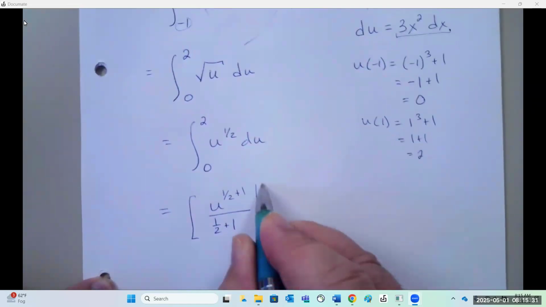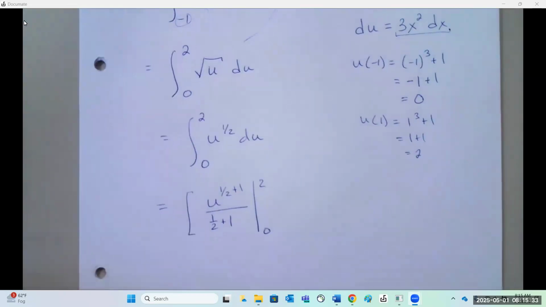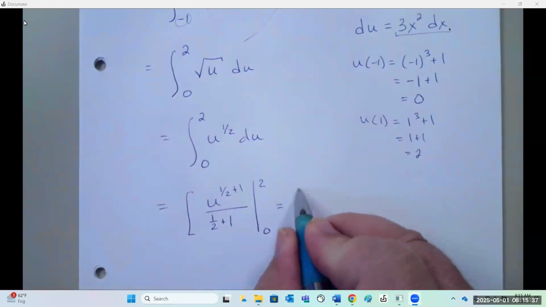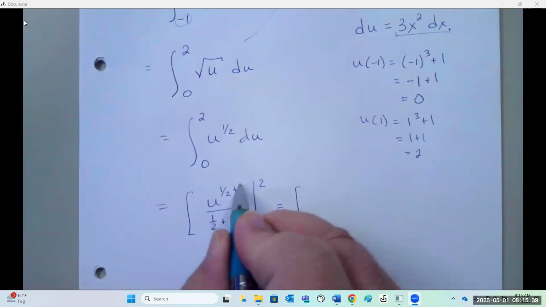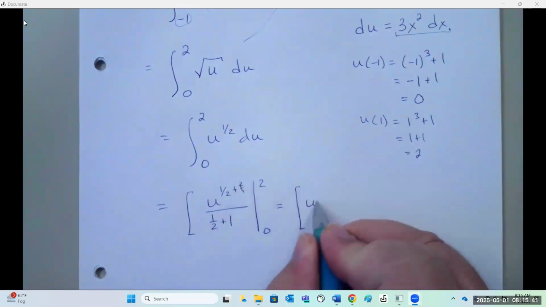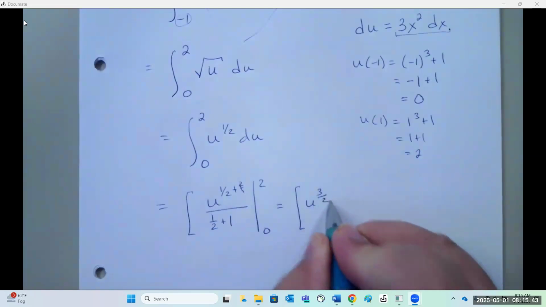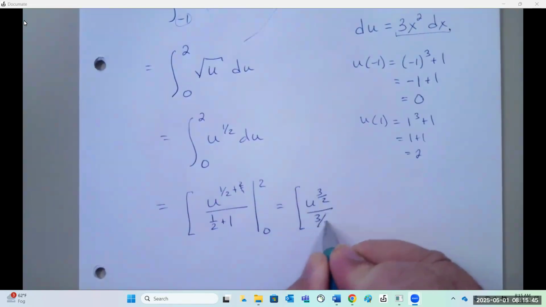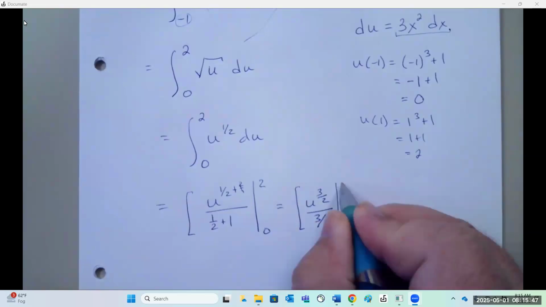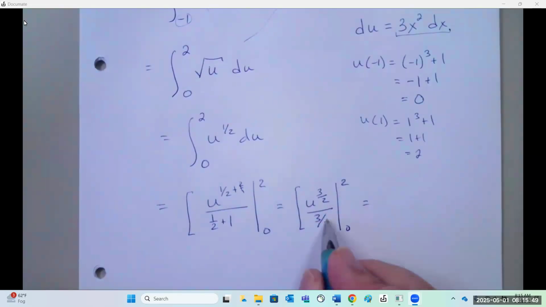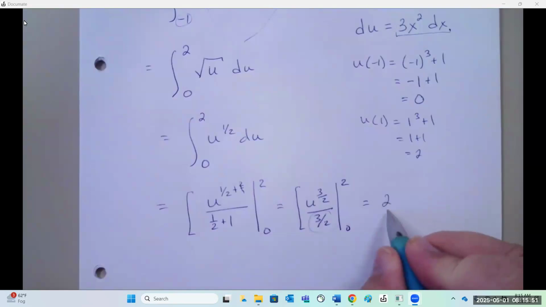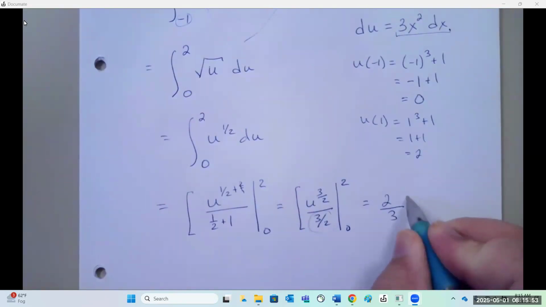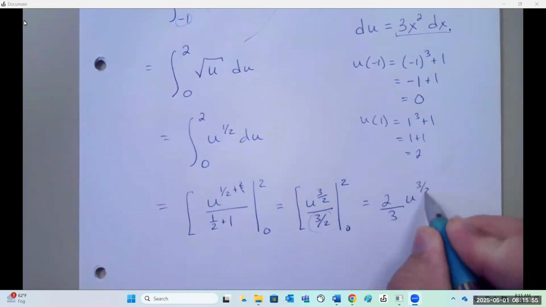It's going from 0 to 2. So it's u to the power 3/2 over 3/2, from 0 to 2. Flip the bottom, so we have 2 over 3 u to the power 3/2.